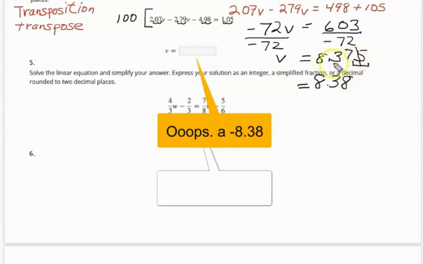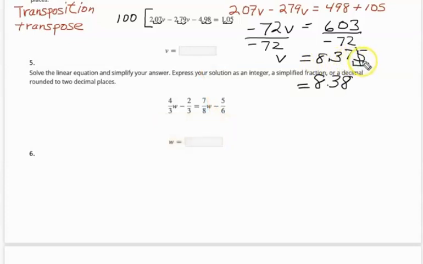Now, if you put in there 8.375, they're going to count it wrong because they've asked you to round to 2 decimal places. That's the instructions here as well. All right, so we'll use this from time to time, but you can still use the other method that we showed you earlier. Let's go on.